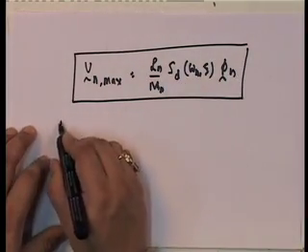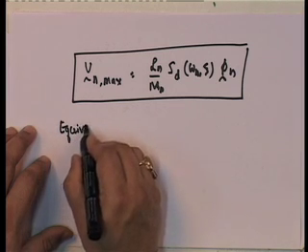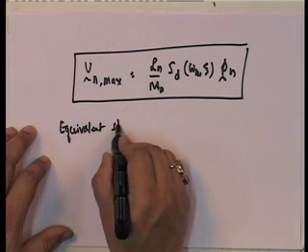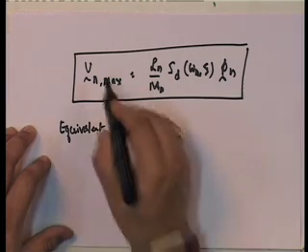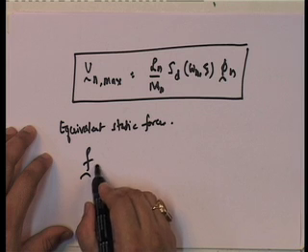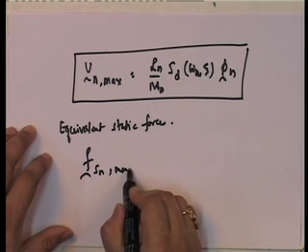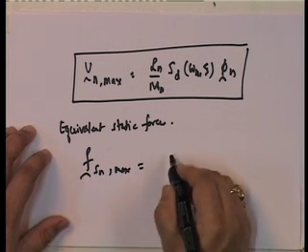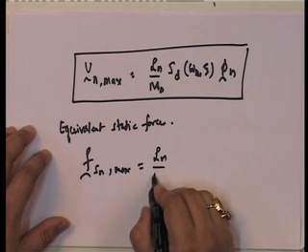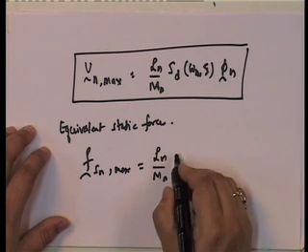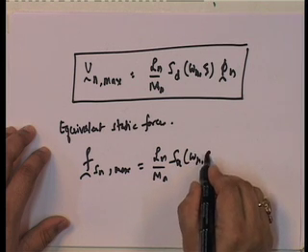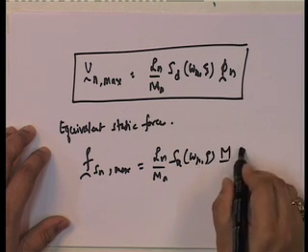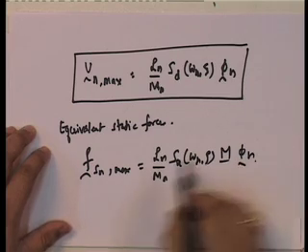The equivalent static forces in the nth mode are equal to Fsn max, which is equal to Ln upon Mn into Sa(omega n, xi) into m phi n.